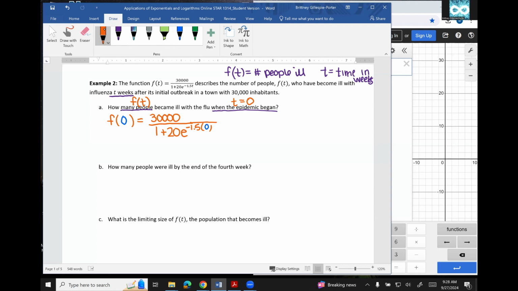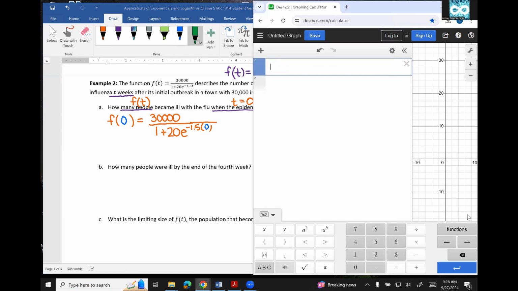Then we're going to go to our calculator. I am again using desmos.com/graphing, but you can use pretty much any scientific calculator you need. I'm going to start with my division. I have 30,000 all over 1 plus 20.